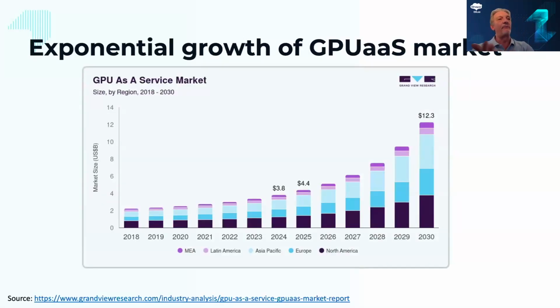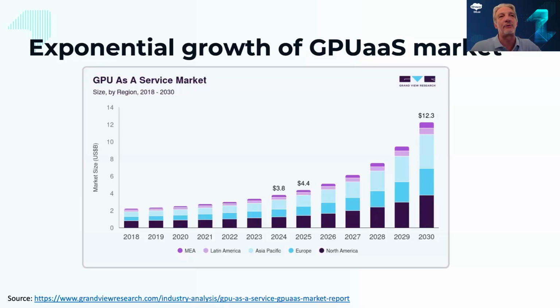In terms of market growth, I did some research related to the market for GPU as a service, and I found this Grand View Research report. It's very interesting to see that from 2025 to 2030 we have a tripling of the market size compared to today.